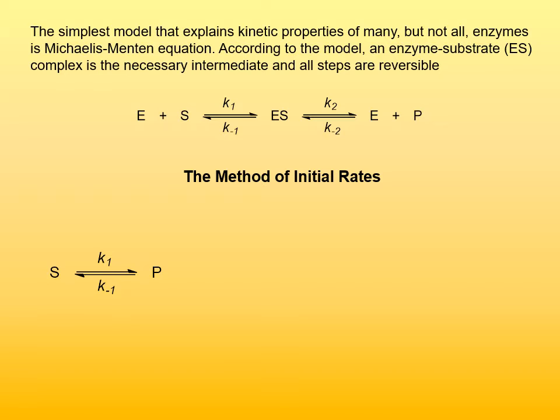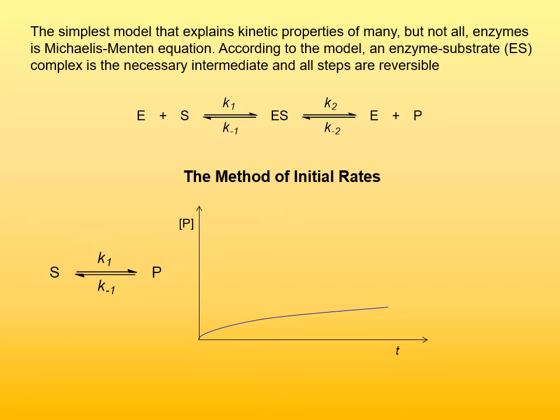Because both forward and reverse reactions occur at the same time, it is difficult to determine the rate of the forward reaction. So we plot the concentration of the product as a function of time. When we plot the amount of product, we can see that it increases in time. But this curve reflects concentration, and that's a consequence of both forward and reverse reaction.